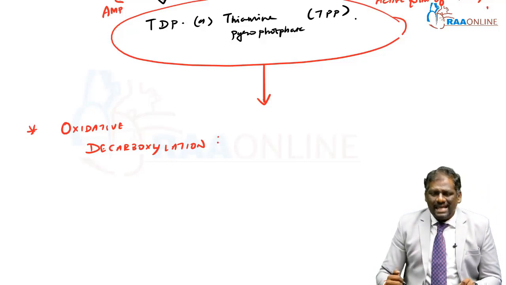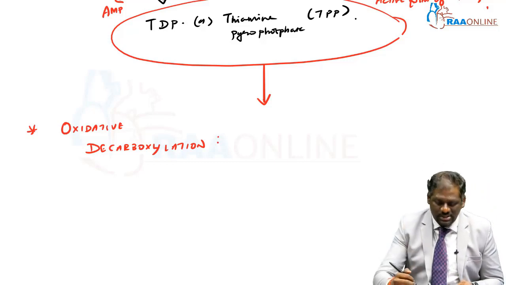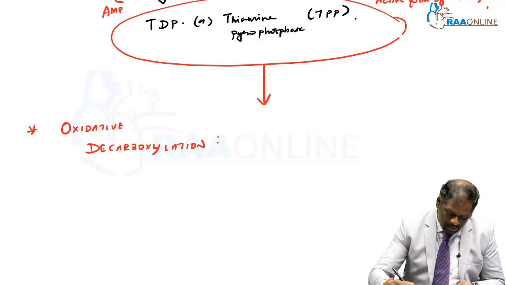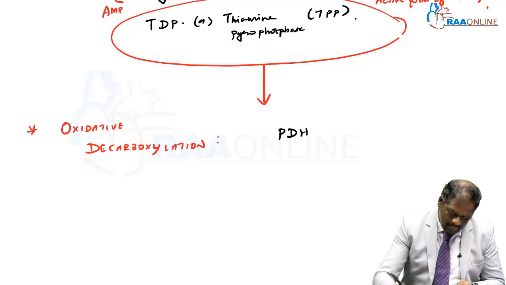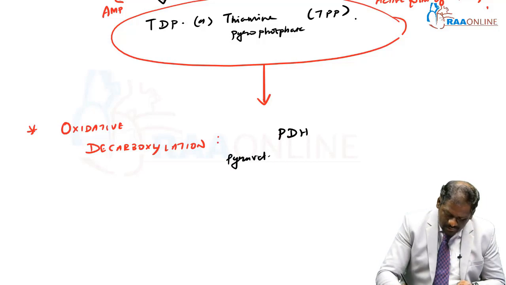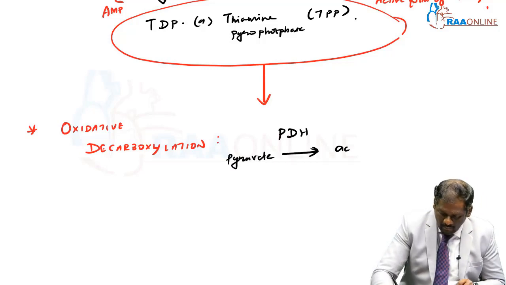What are the examples of oxidative decarboxylation? One is the pyruvate dehydrogenase complex, which converts pyruvate to acetyl CoA.